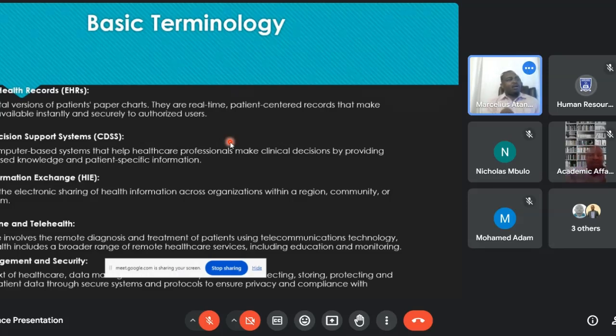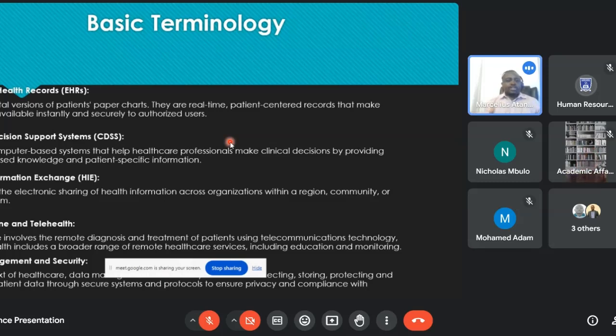It now becomes imperative that the way you collect that data, the way you store and manage it, will play a very primordial role on the final decision you're going to take about that patient.